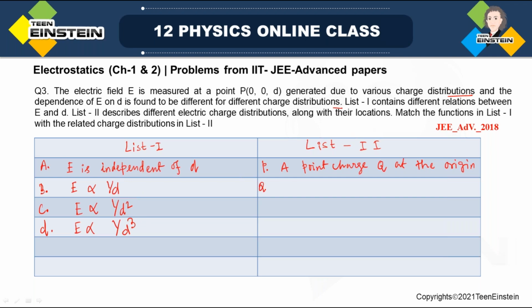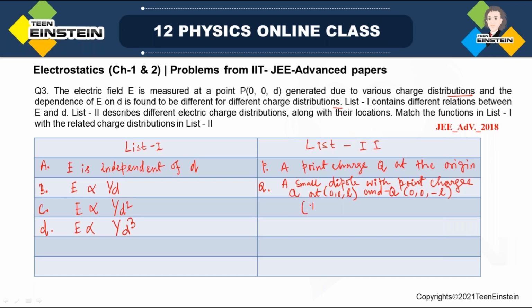Q says a small dipole with point charges, charge Q at (0, 0, L) and minus Q at (0, 0, minus L).